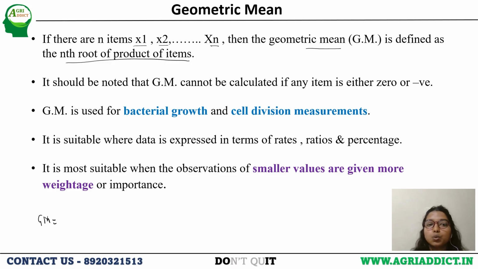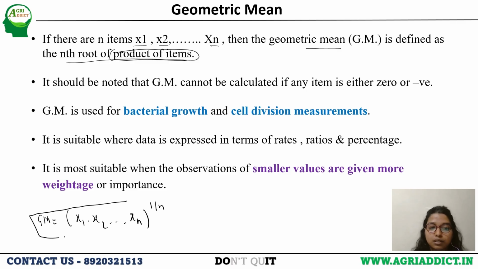It is the nth root of the product of items. What are the items given? x1 to xn. Product means multiplication: x1 dot x2, like that we will be multiplying till xn. And nth root means 1 by n. This is the formula of geometric mean.